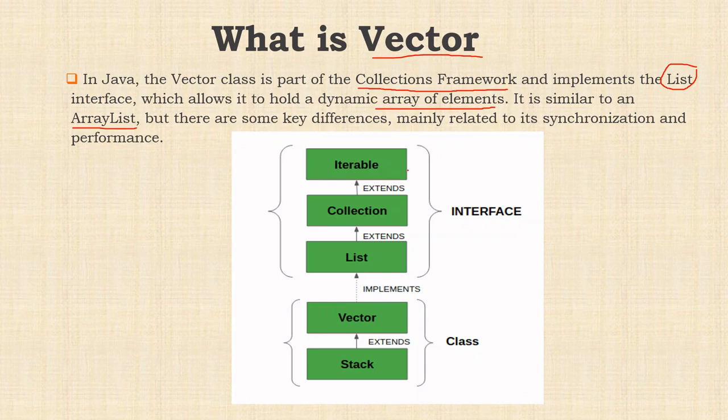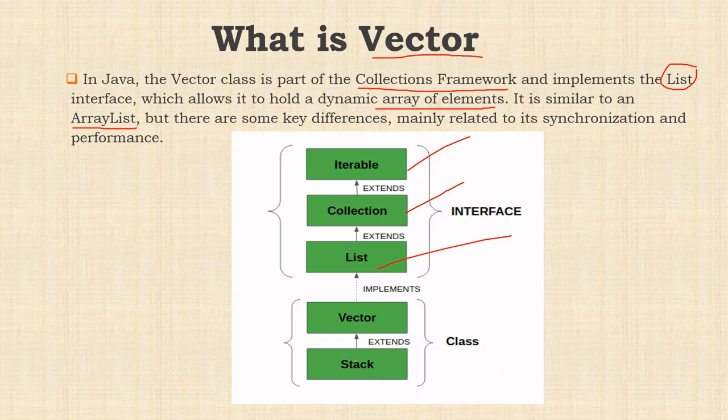Iterable is the main interface, and then Collection is also an interface. Collection extends Iterable, and List is also an interface which extends Collection. Vector implements List, and Stack extends Vector.